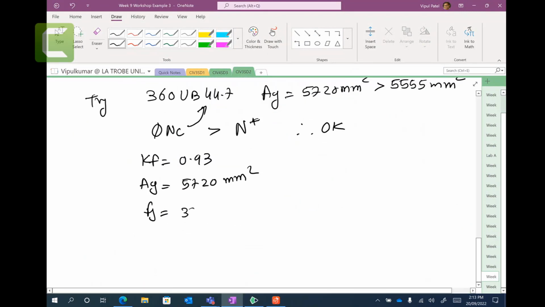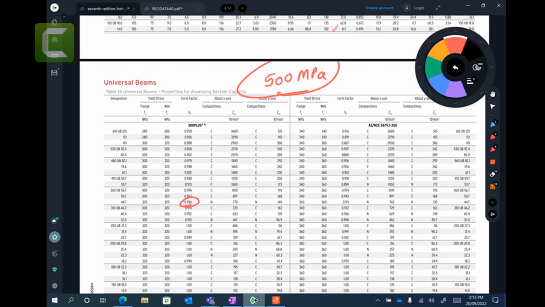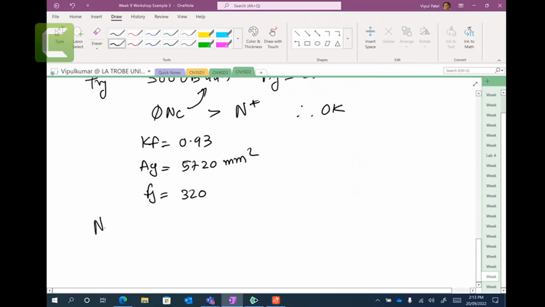So let's calculate first this Ns, the section capacity first. Ns, kf, An, fy. kf equal to 0.93.